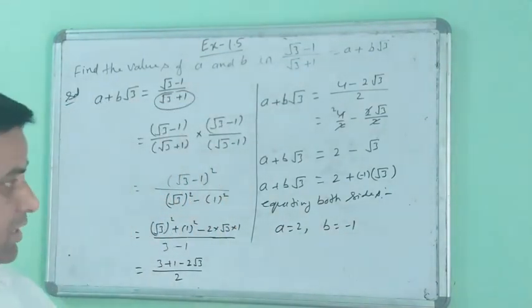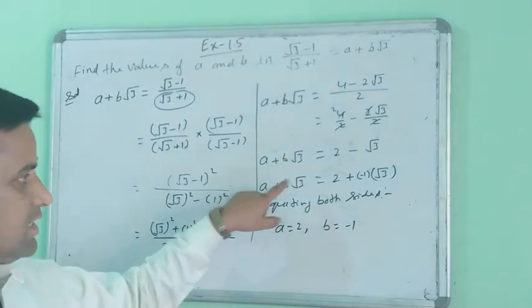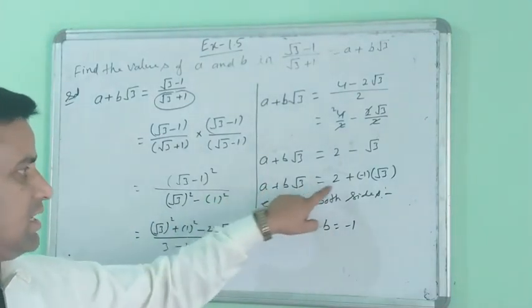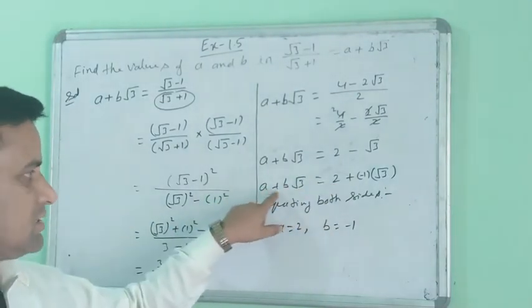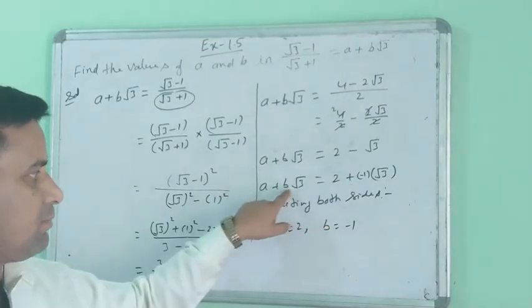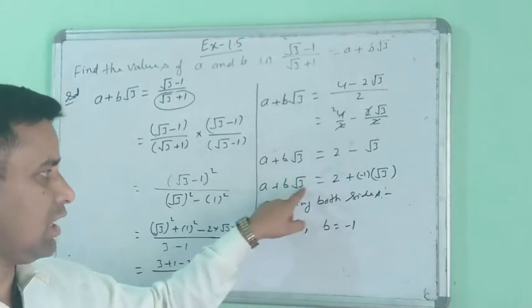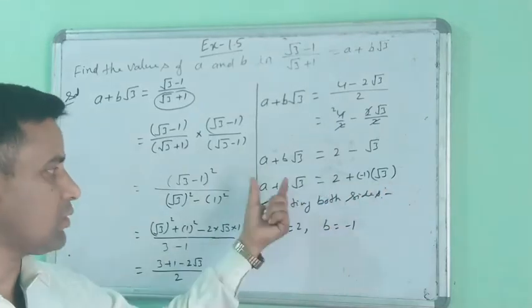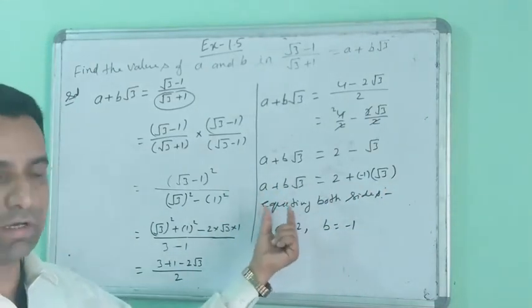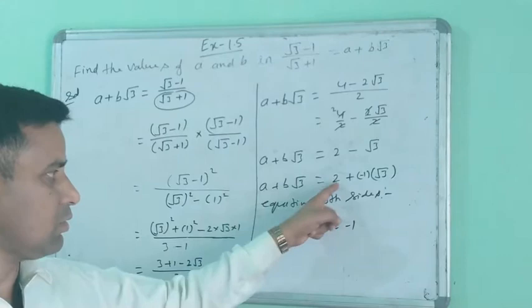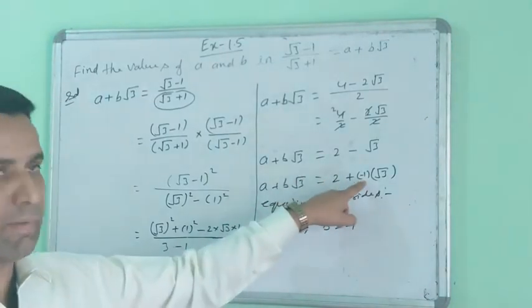Now check again. Equating the a place here, 2 plus, equal to the plus, and the b place here is minus 1 and root 3, equal to root 3. So you require only a and b, not root 3. The value of a is 2 and the value of b is minus 1.